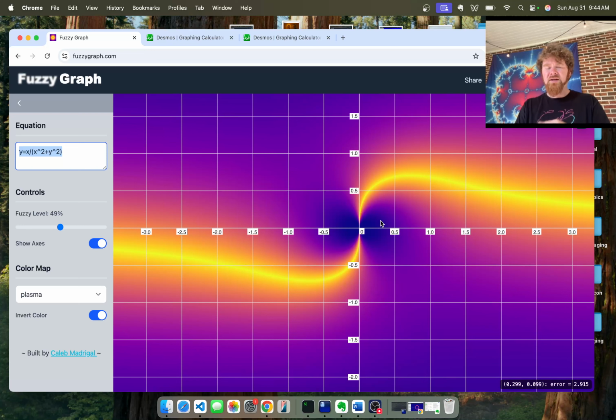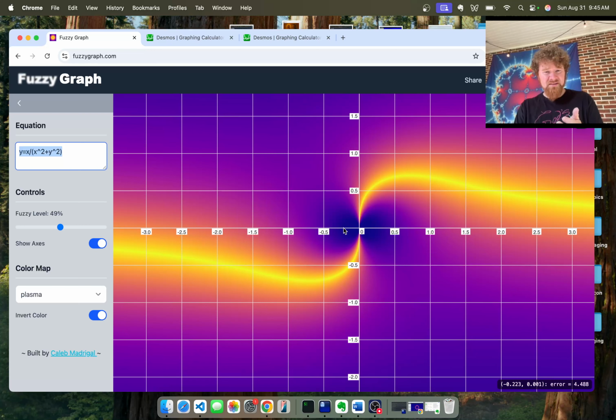And so, with FuzzyGraph, you can actually see more of the mathematical topology. It's almost like the difference between looking at a map with islands, where you'd see the outline of where the land meets the water, but if you could see below the water surface, there's underwater mountains and valleys. It's kind of like FuzzyGraph.